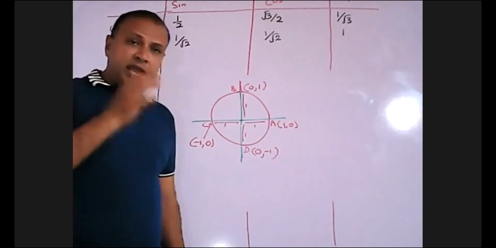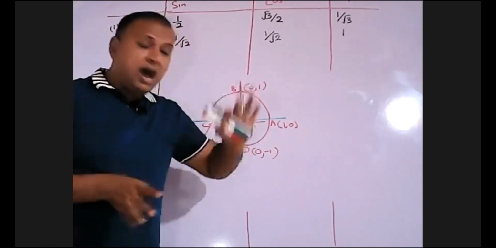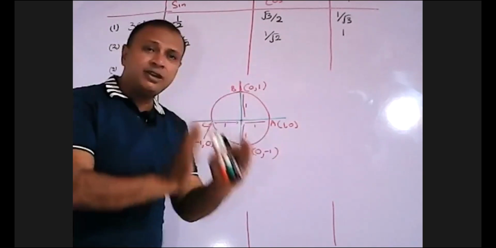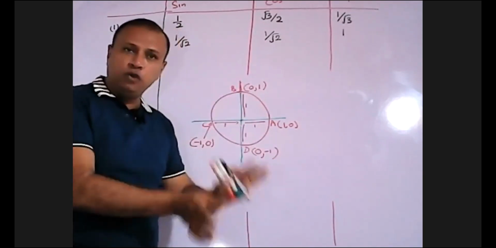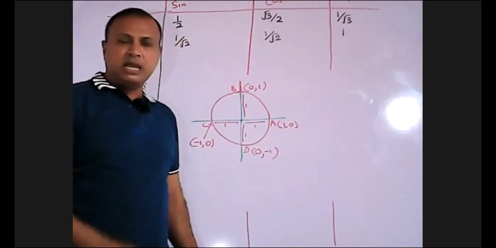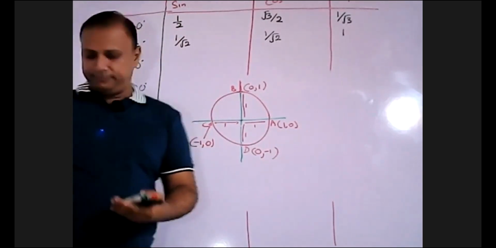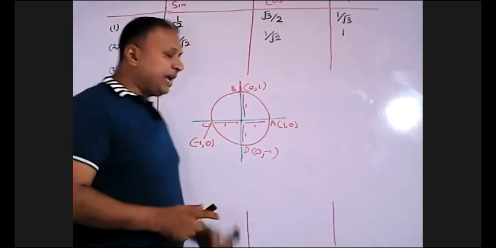Now, I will clearly tell you how to define sin values, cos values and tan values in a unit circle. How to define a sin value?